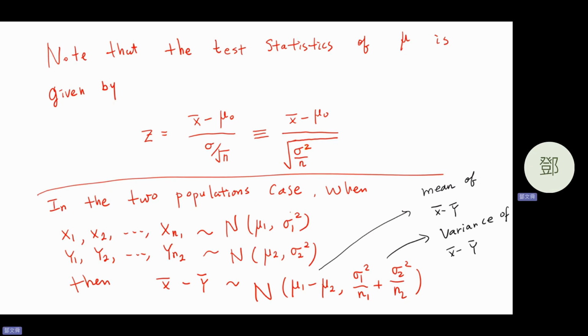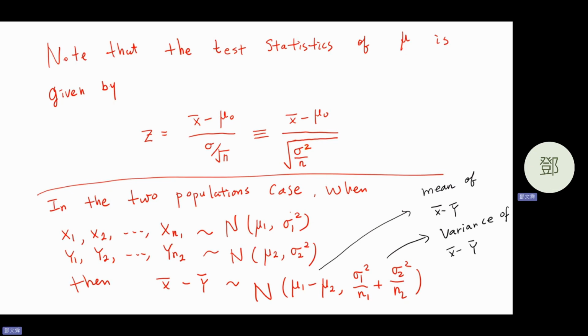You know the reason why I prefer this notation: it is easier to understand, a better expression, or extension, or generalization. So this is for one population.